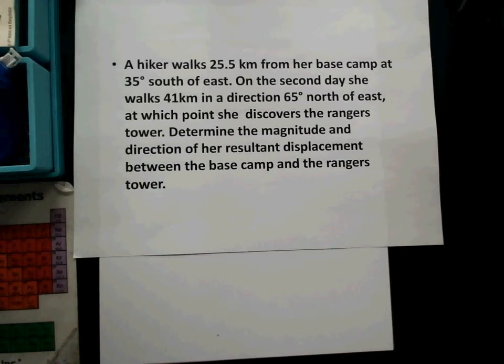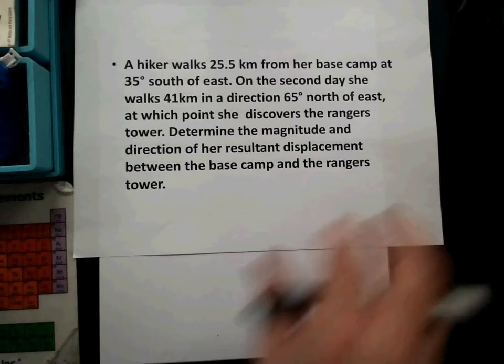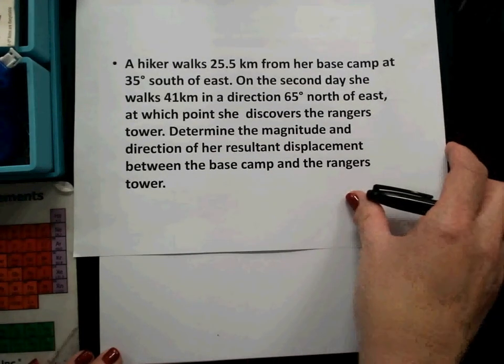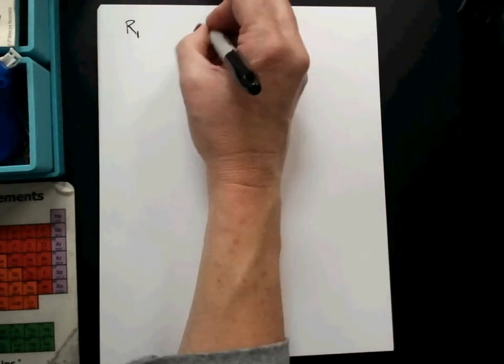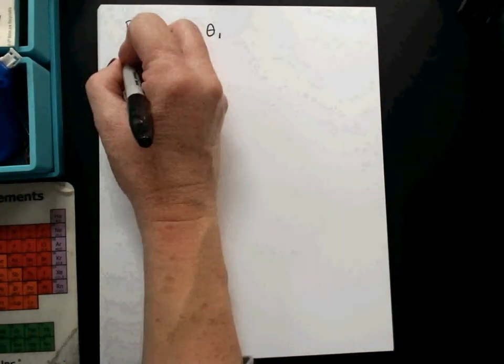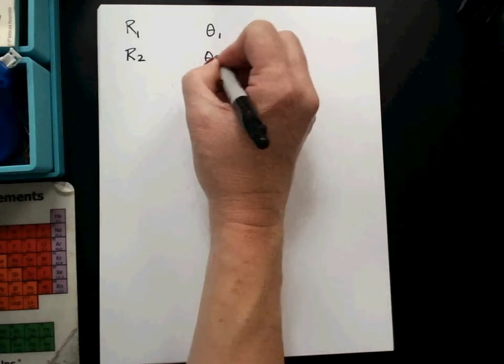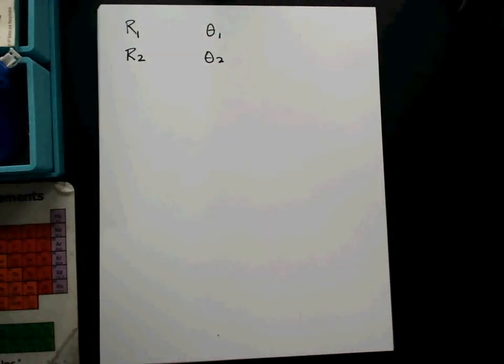Okay, so when you look at this, it should be a dead giveaway that this is going to be one of the long problems. Because I've got technically two resultant vectors, because I've got nothing to go with them, and two directions. So that should key you in right away what you're going to use to find this. So I'm going to start by identifying my R1 and my theta 1 and my R2 and my theta 2.